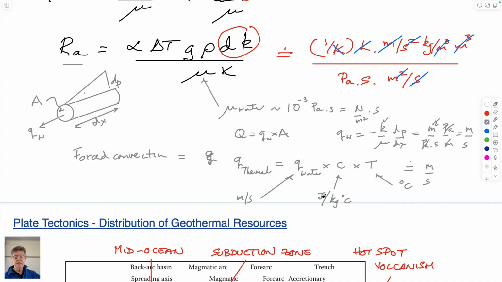So it's meters per second times joules per kilogram degrees centigrade times degrees centigrade.